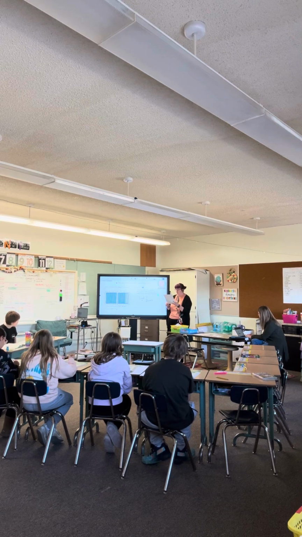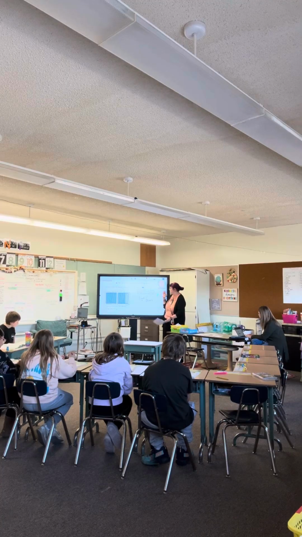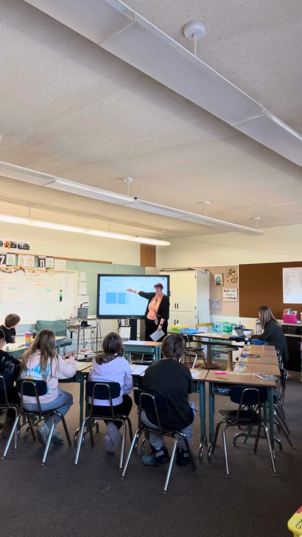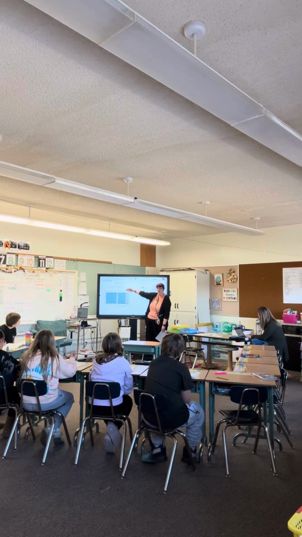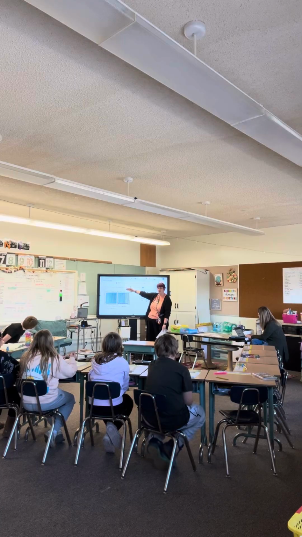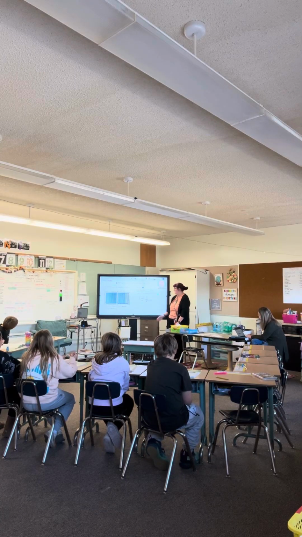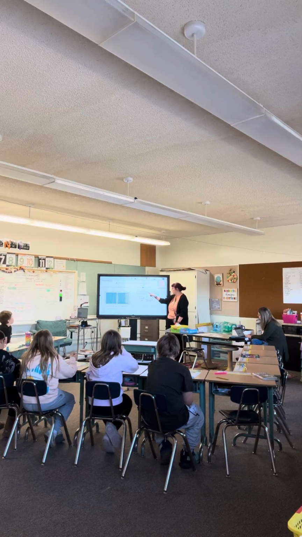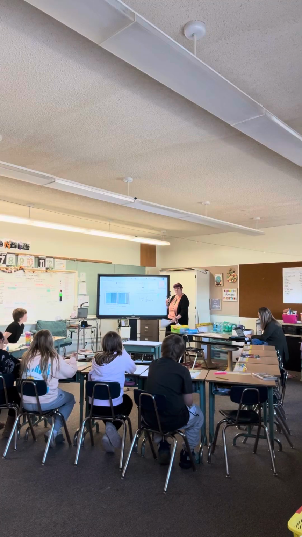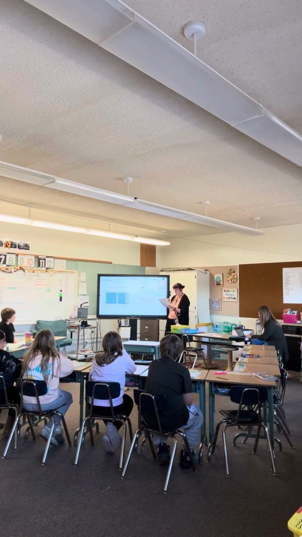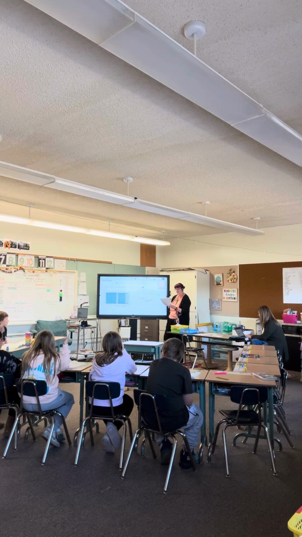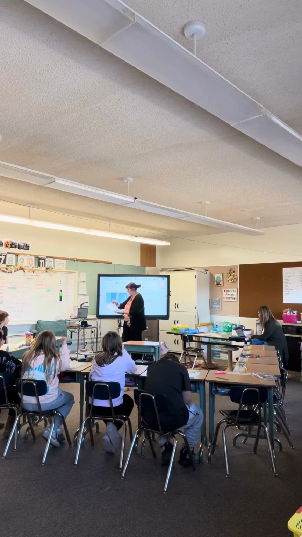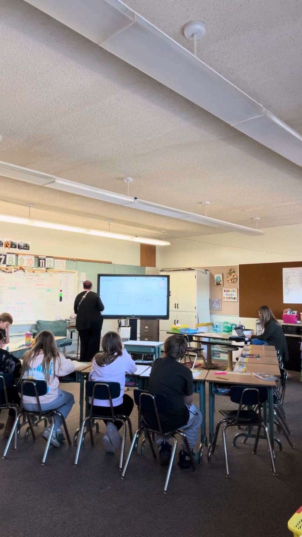So the whole number and fraction is called a mixed number. We've talked about mixed numbers before, right? This is our mixed number, 1 and 7/10, right? So that's represented in 1.7. Do we see that? Give me a thumbs up if you see that. Very nice.